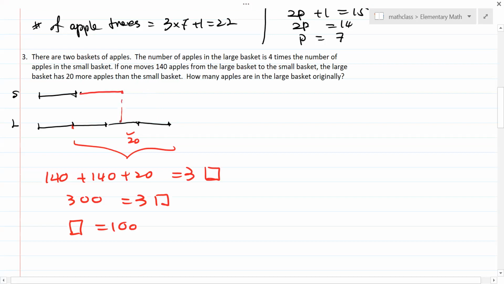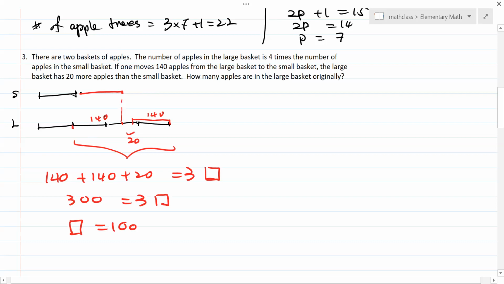So that means you cut 140, right? But you also lost 140. So this is a section you move over there, 140. So those 3 sections put together, 20, 140, here's also 140 when you compare, right? If you move it back, right now you move 140 apples from the large basket to the small one.